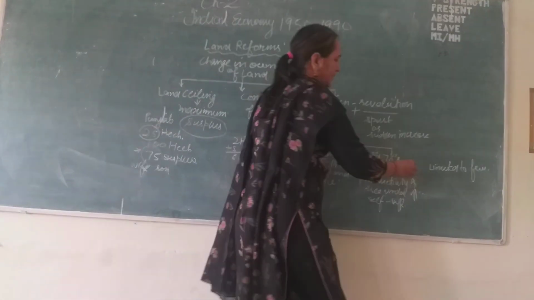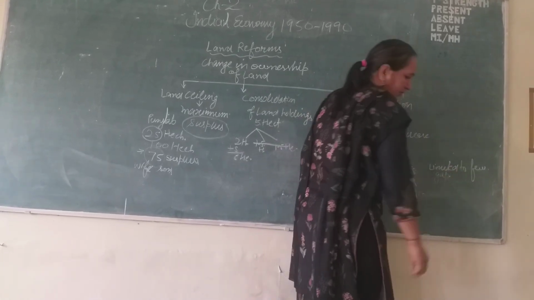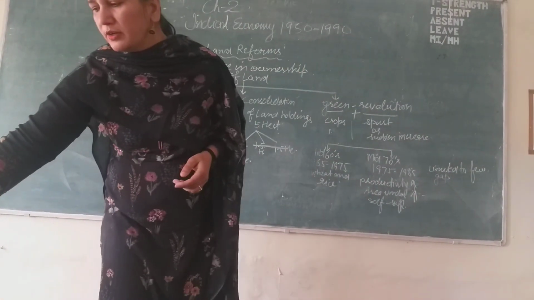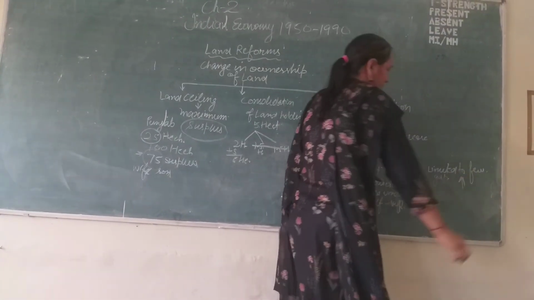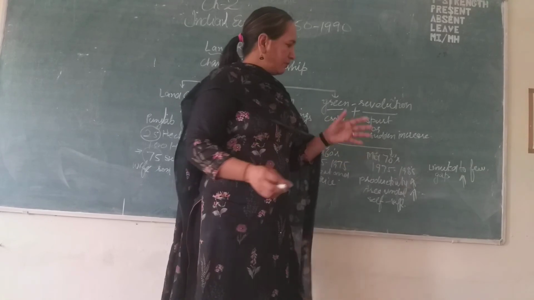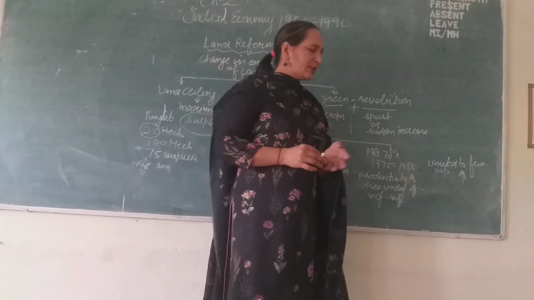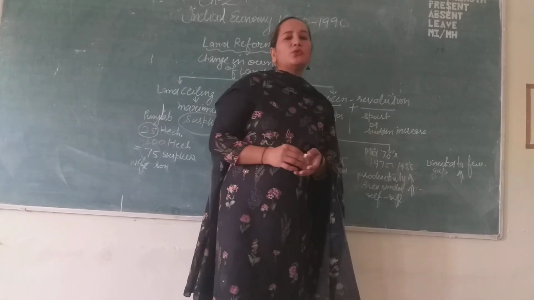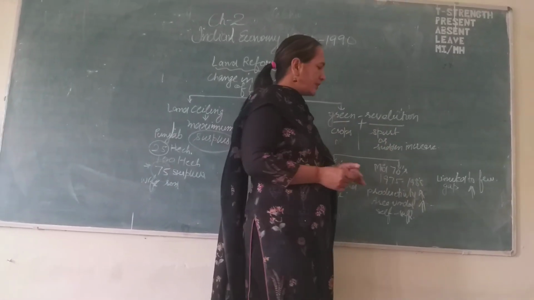Then the gap between rich and poor farmers has increased. The rich farmers are able to afford the expensive inputs, that is seeds, insecticides, pesticides, fertilizers, and they are able to increase their output.